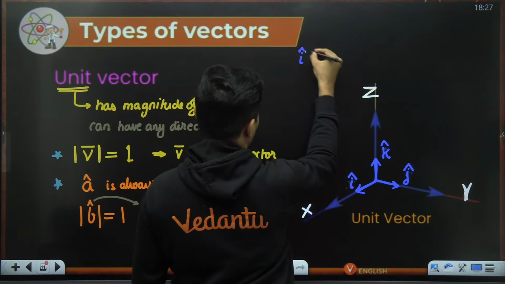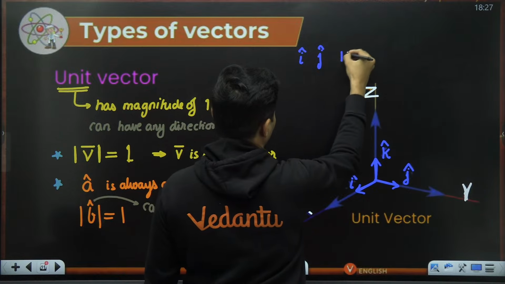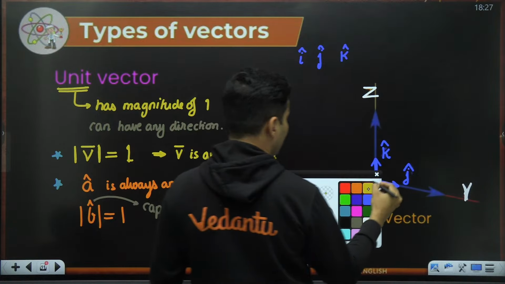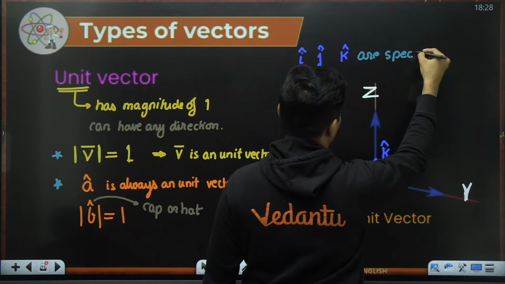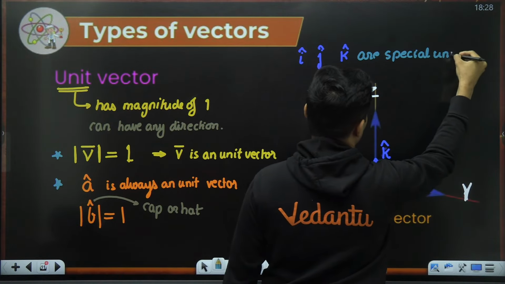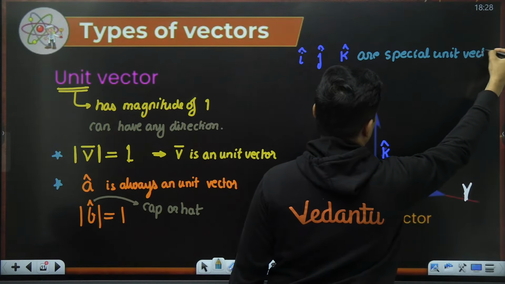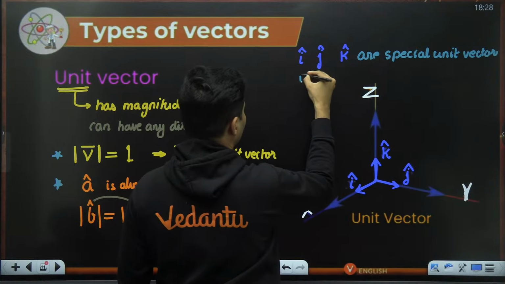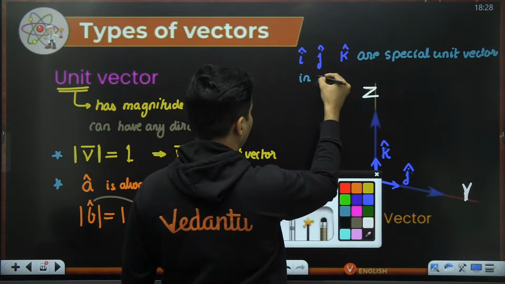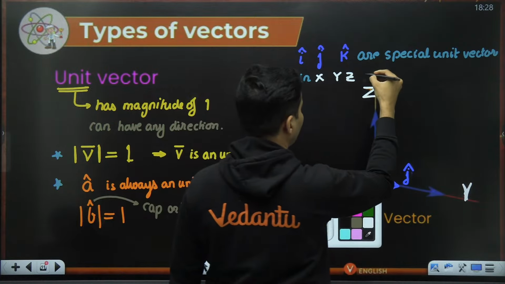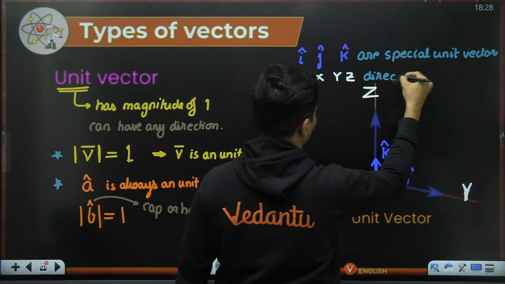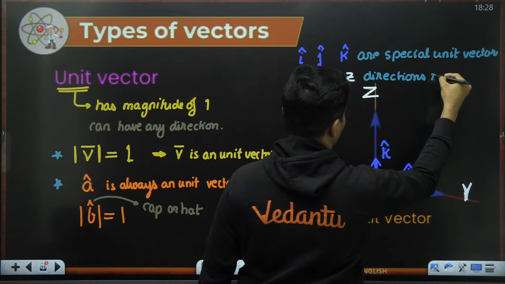So i cap, j cap and k cap are basically special unit vectors in x, y, z directions respectively.